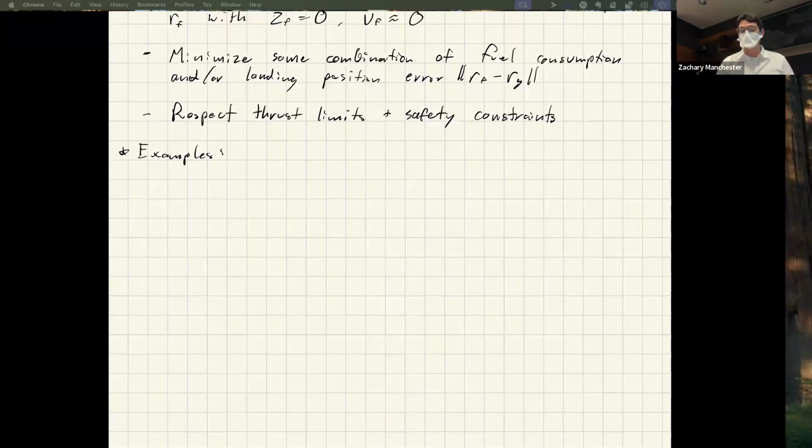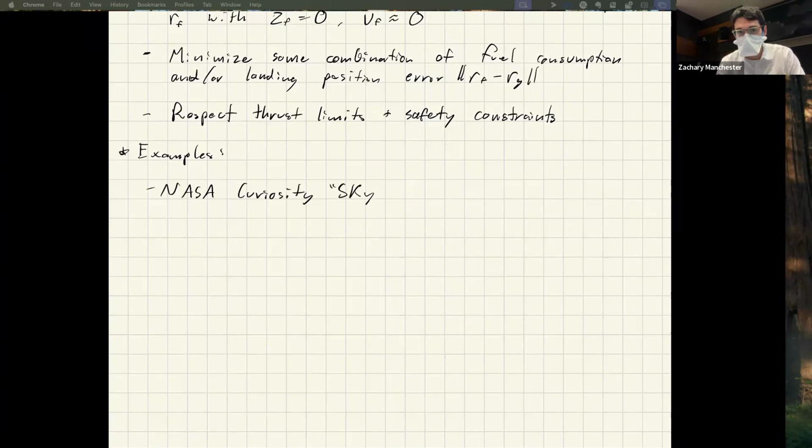Never seen that before. Okay, anyway, on the NASA side, the first NASA mission that did this was the Curiosity Sky Crane, which was first done in 2012.